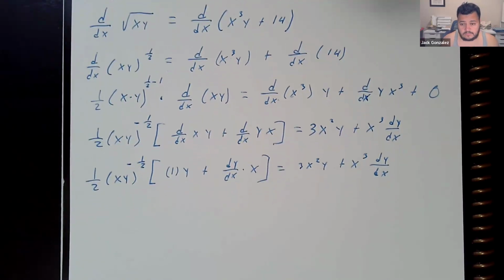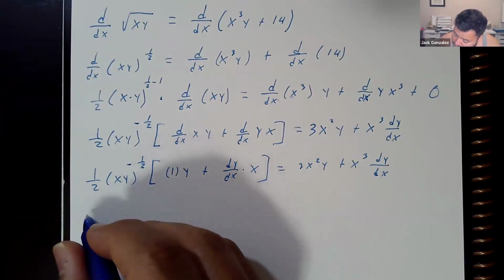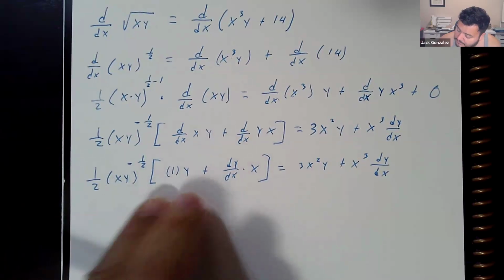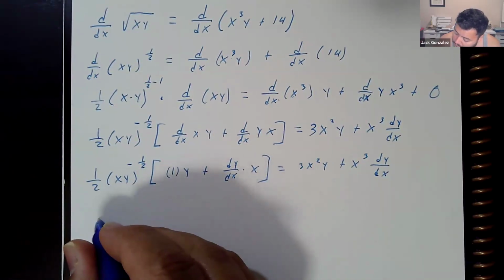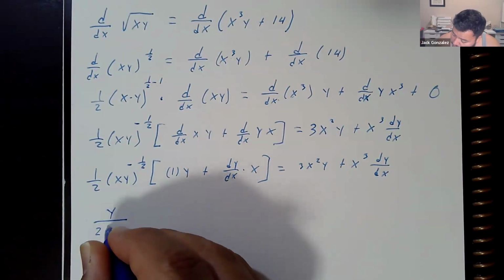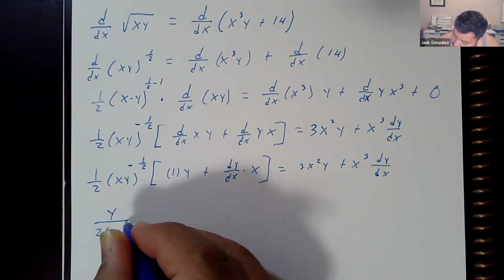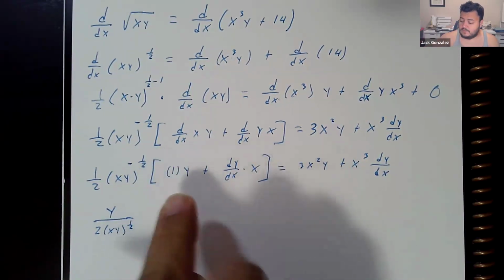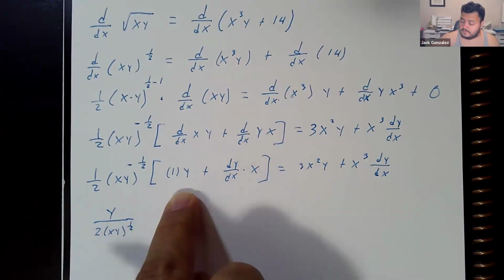It's not necessary, it just looks ugly already. Is there a nicer way to do this? No. I'll just distribute. I don't want to confuse anybody. So multiply this on both of them. We'll get y over 2xy to the 1/2. Since it's negative, I'm just going to put it on the bottom. So this times this times this.